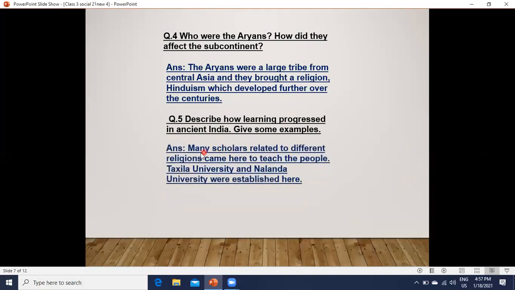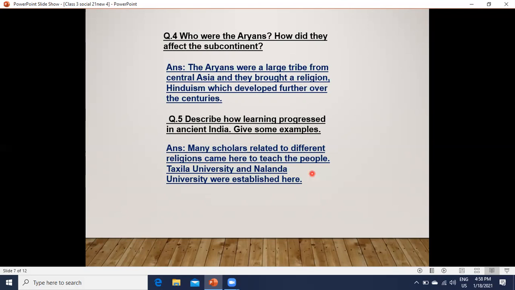The answer is, many scholars related to different religions came here to teach the people. The examples are there. At that time, Taxila University and Nalanda University were established there. Okay.